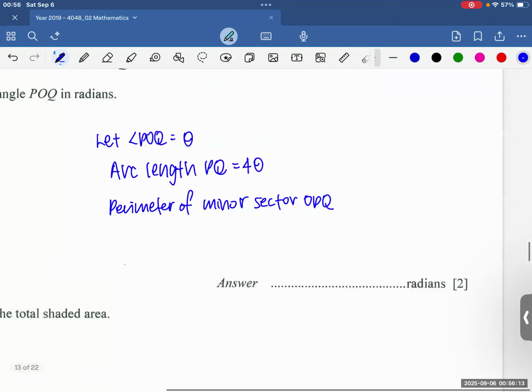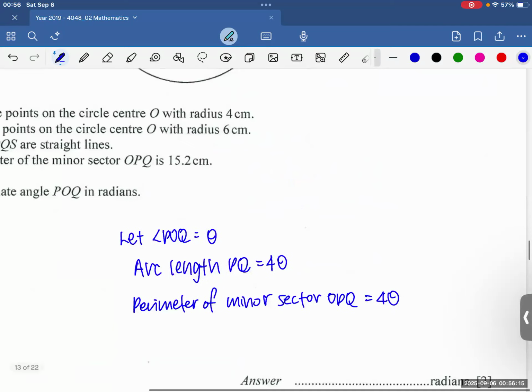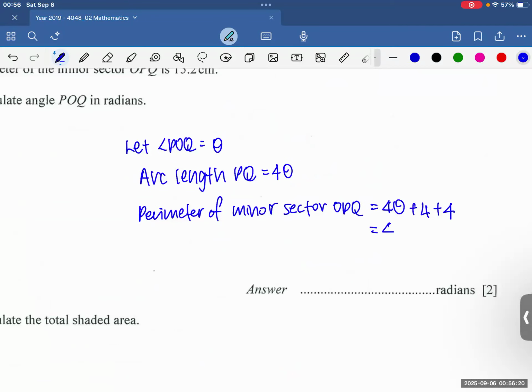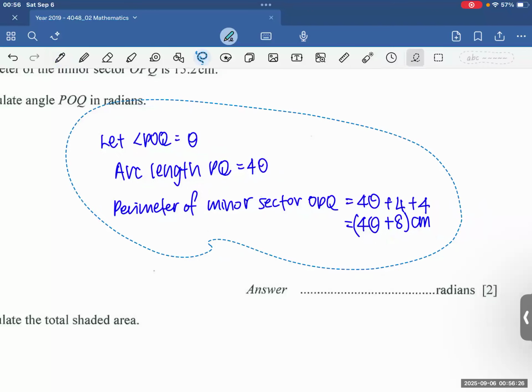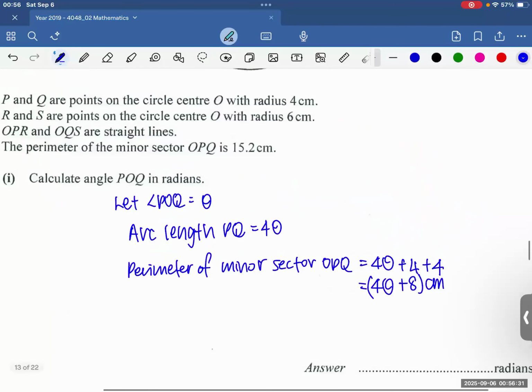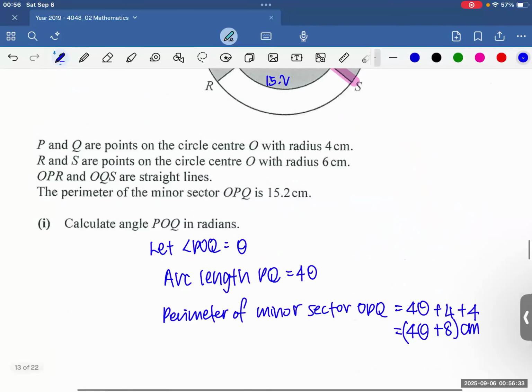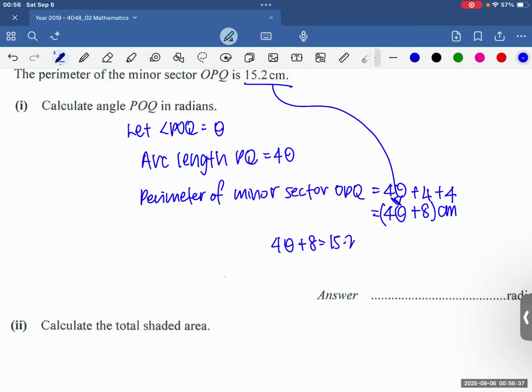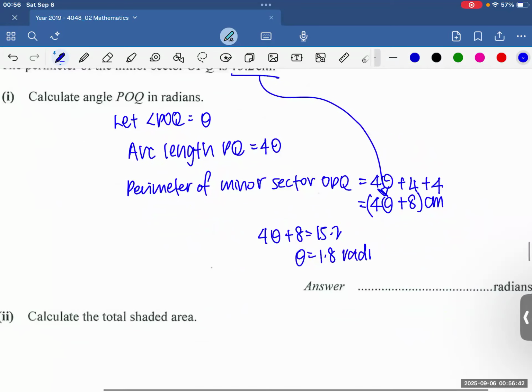This would be 4 theta plus 4 plus 4, so 4 theta plus 8 cm. Now we know 4 theta plus 8 is 15.2. Hence, theta equals 1.8 radians. That is our answer.